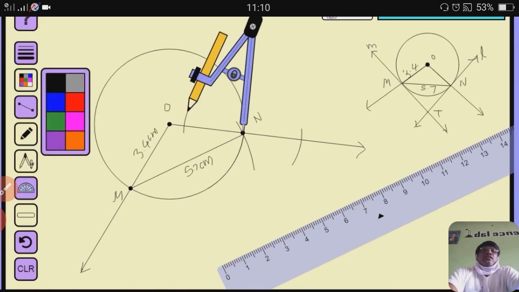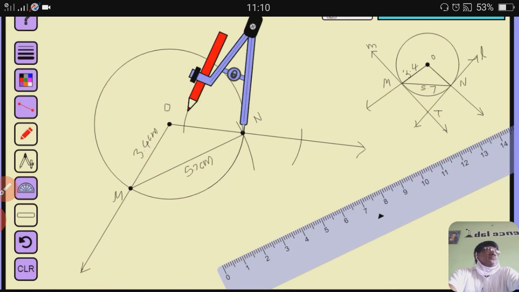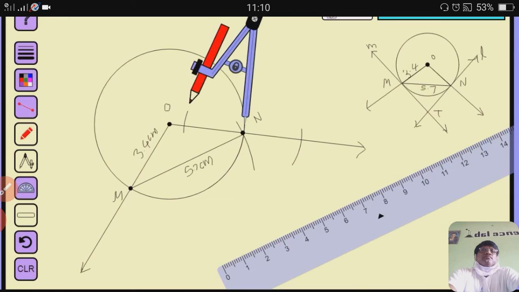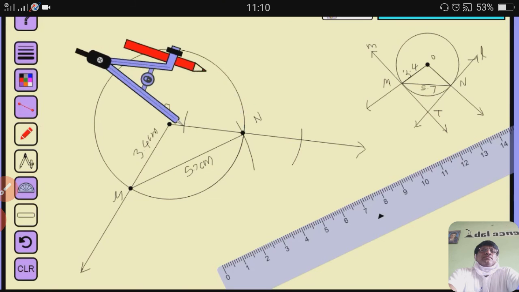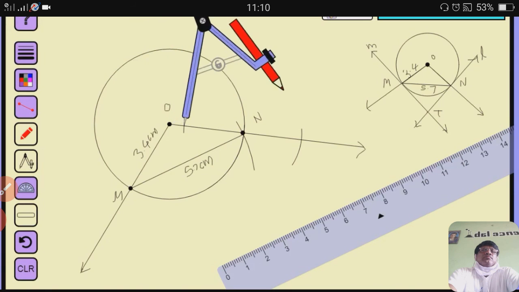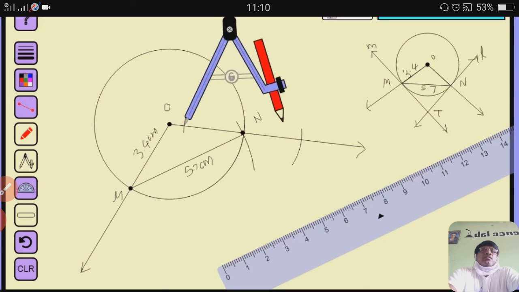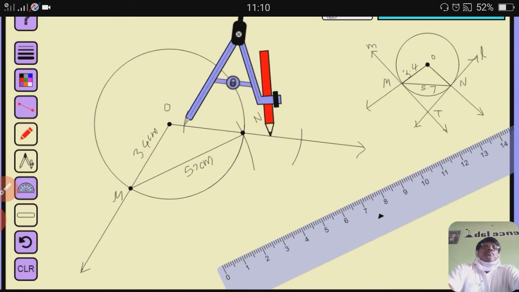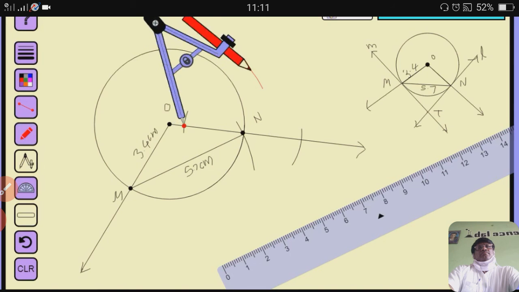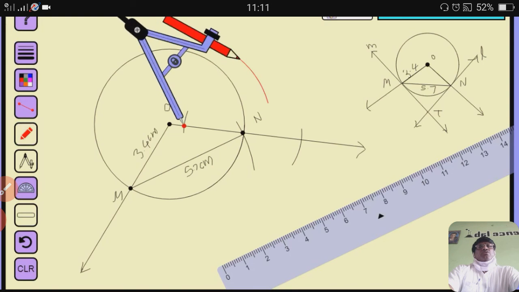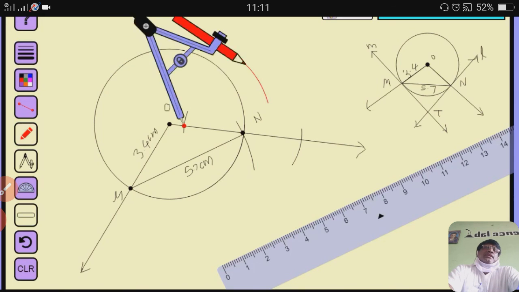First tangent is drawn from point N. Move the steel point inside the arc and draw arcs of the ray ON on the above side and below side.